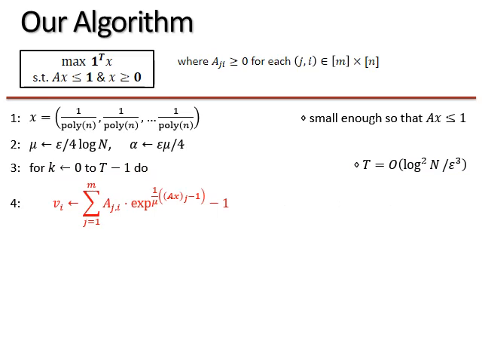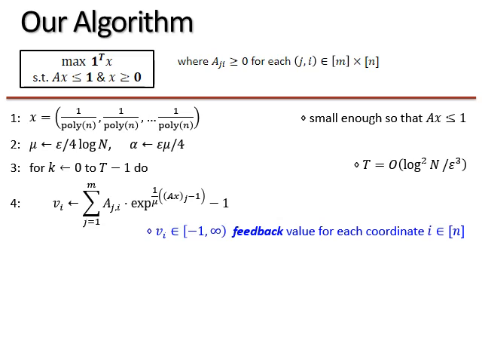And line 4 is really the important meat of the algorithm. The first 3 lines are essentially simple. The 4th line is about, for each coordinate i, computing a feedback value, Vi, using this formula. There are only 2 important things about this feedback value.